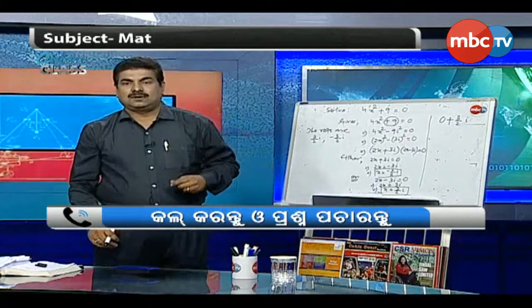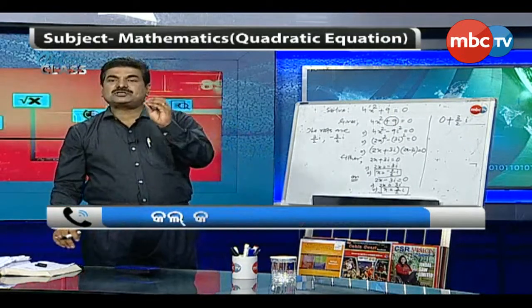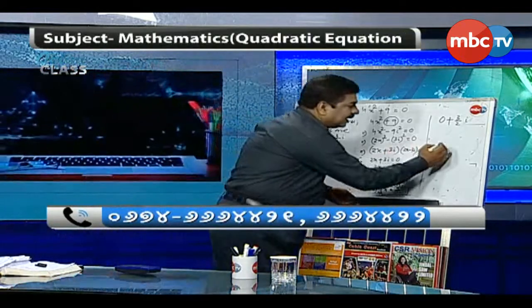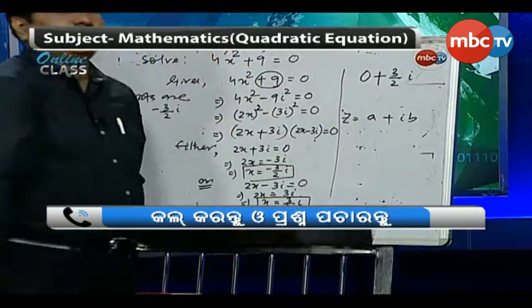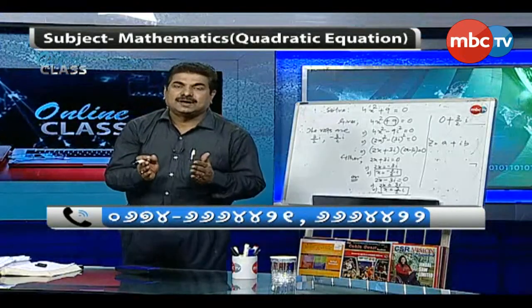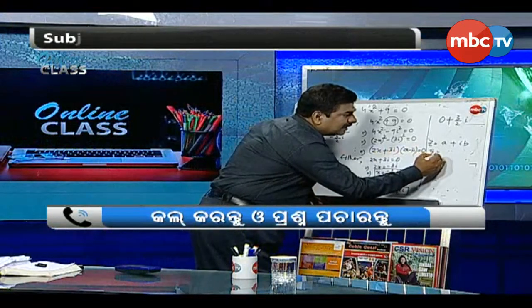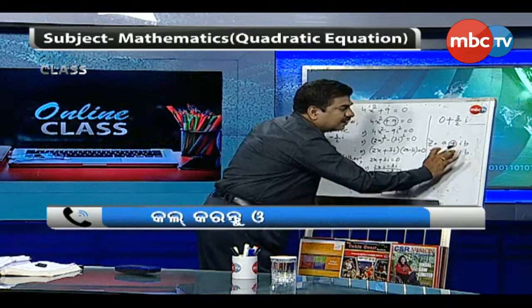What is the difference between a complex number and a conjugate complex number? If z is equal to a plus ib, then the conjugate of the complex number is, instead of plus, we write minus ib.